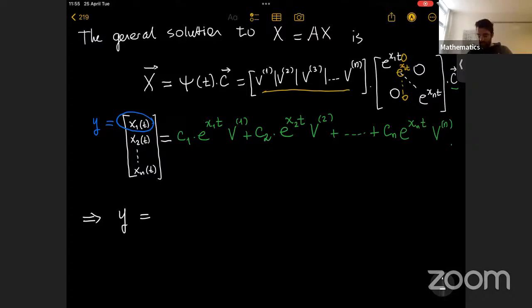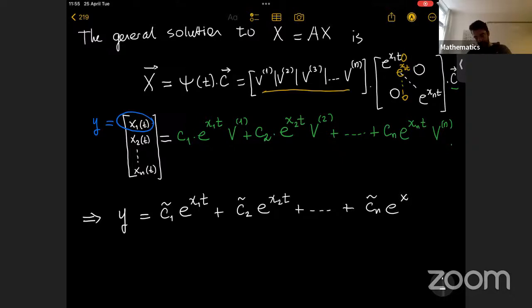Maybe let's write it like this, c1 tilde, some other constant, because we don't know what v1, v2 are, right? c1 tilde e to the lambda 1t plus c2 tilde e to the lambda 2t plus cn tilde e to the lambda n t.